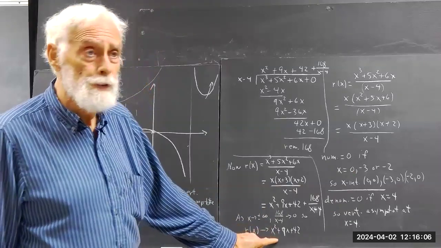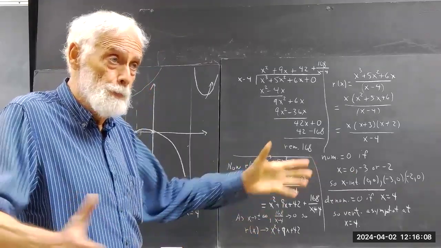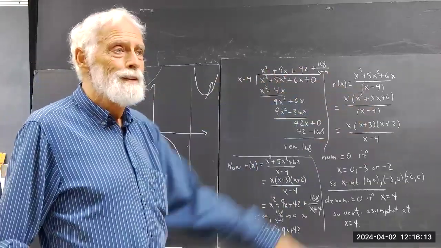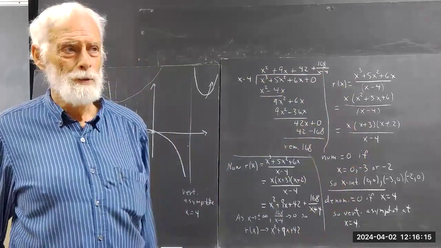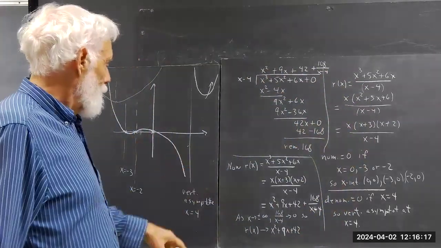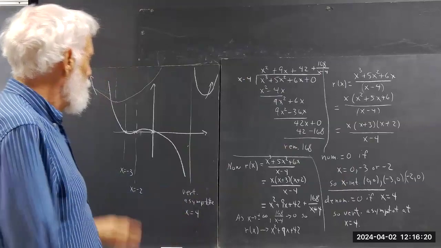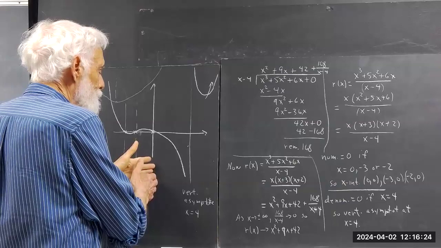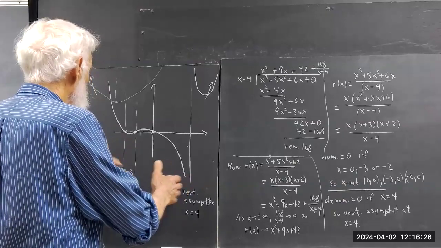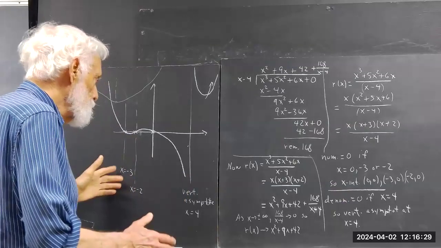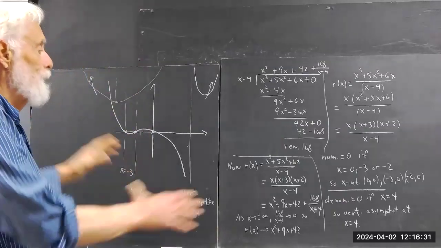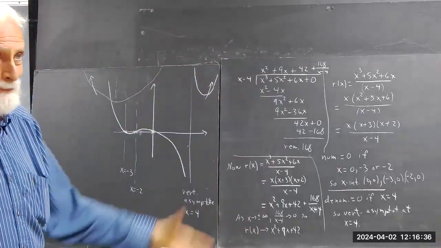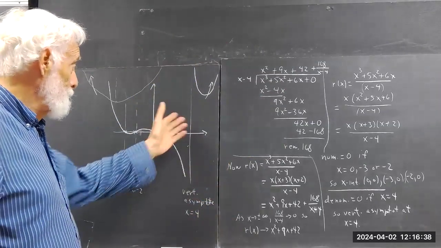So R of x approaches this as x approaches plus or minus infinity. And you don't have to go all that far to approach plus or minus infinity. If you go out 3 times as far as your biggest vertical asymptote or x-intercept is from the y-axis, you're going to be getting close to infinity. You can go way further than 3 times that far. In this case, that'd be 12 units.